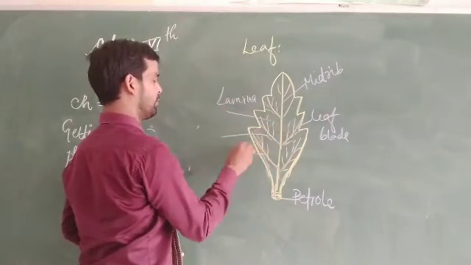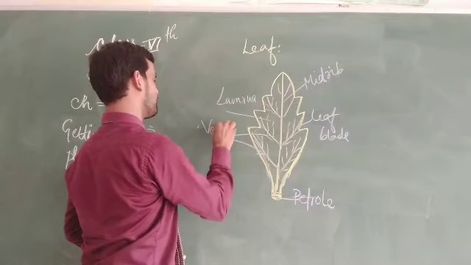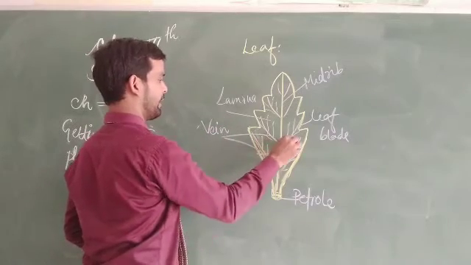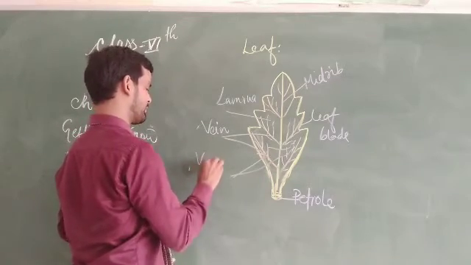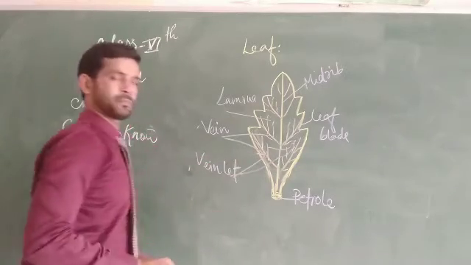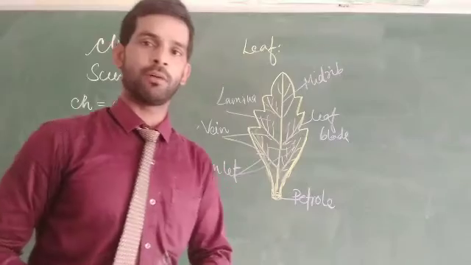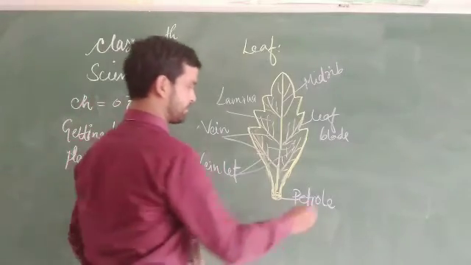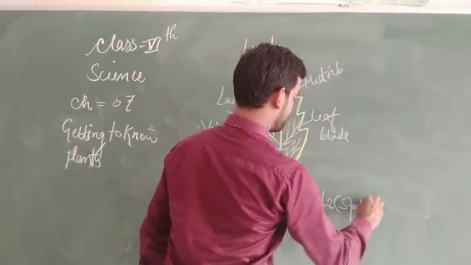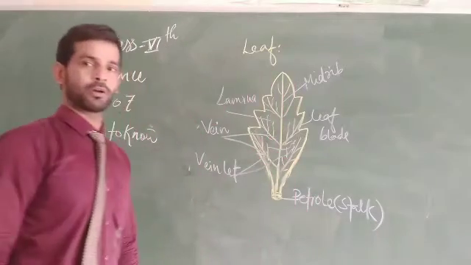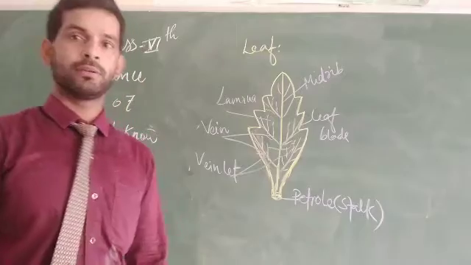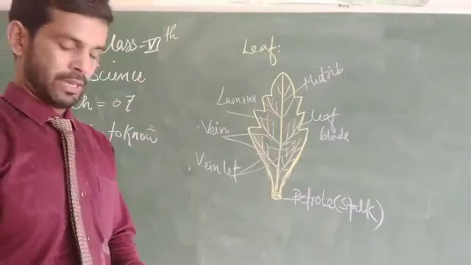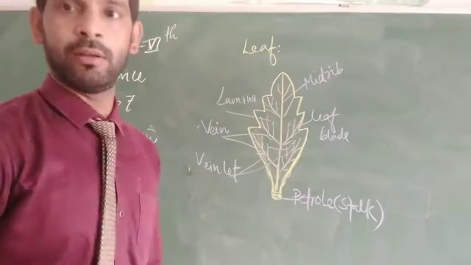This is called vein, and this one is called valvulate. This is all about the stalk. So these are all about the leaf, and in the next video we will continue with the leaf again.